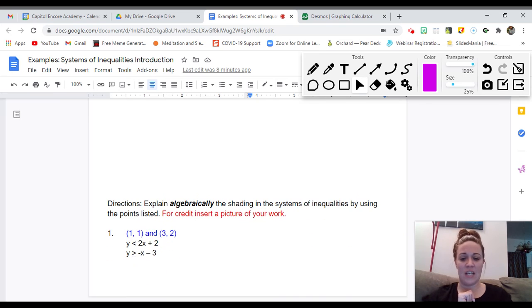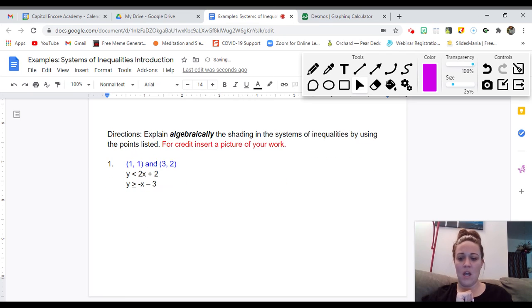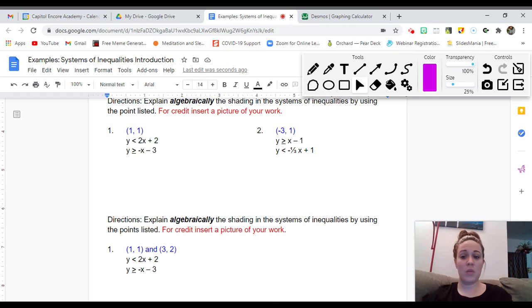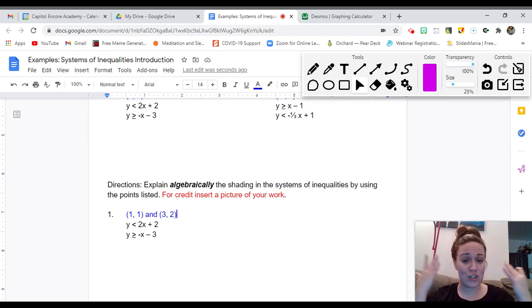So the very last section of today's assignment is where you are going to be proving or showing 2 points being the solution, okay? So we already have shown why 1 is a point. You can use that exact same work today. And we're also going to be showing why another point is true. The shaded area includes multiple points, points that are not even shown on the graph.